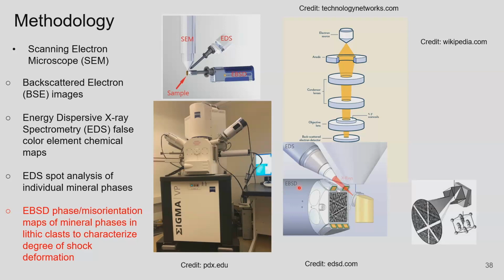The importance of this is that EBSD can tell us what mineral phase we're looking at, but it can also identify the orientation of that mineral. So we can get information on its crystallographic structure, something we can't really do with the previous two methods. If we combine all three methods together, we can get the chemical information from the EDS detector and the crystallographic information from the EBSD detector. So using all three together can tell us a lot about the lithic clasts we're looking at.